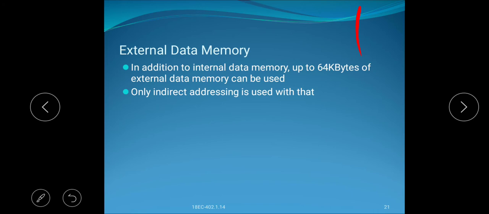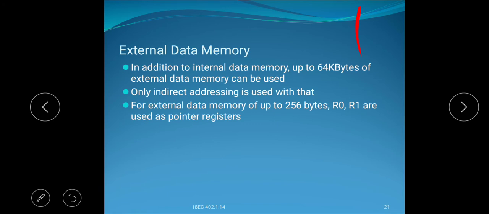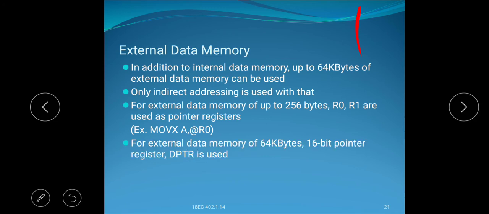Only indirect addressing is used with it. For external data memory of up to 256 bytes, R0 and R1 are used as pointer registers, for example MOVX A, @R0. For external data memory of 64 kilobytes, the 16-bit pointer register, the data pointer, is used.